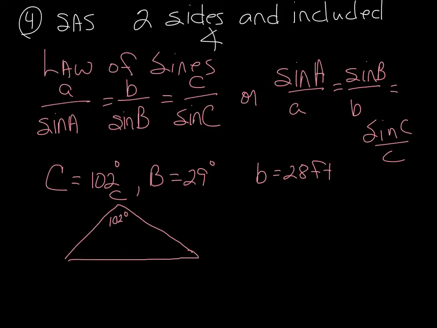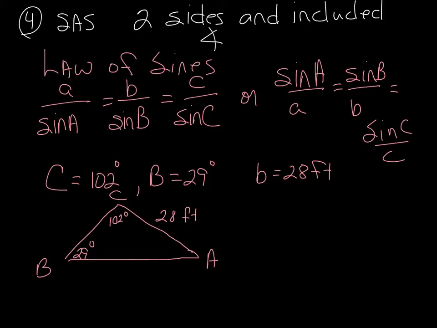Angle B is 29 degrees, and we know that side B is 28 feet. It's always a good idea just to sketch your triangle. And it wouldn't have mattered had I switched where angle A and angle B are. But you just have to be sure that side B is opposite angle B. That's what's important.